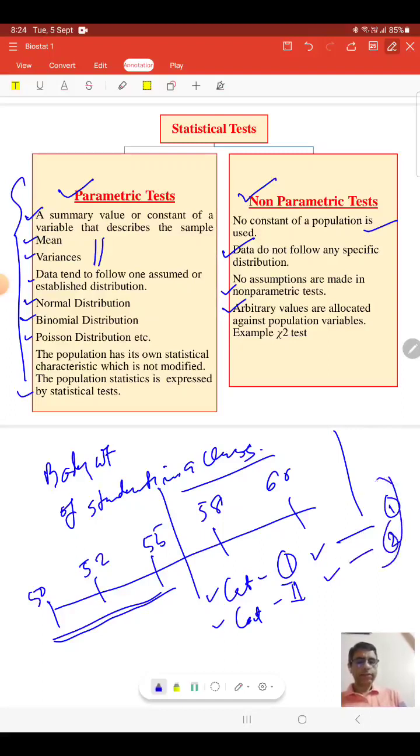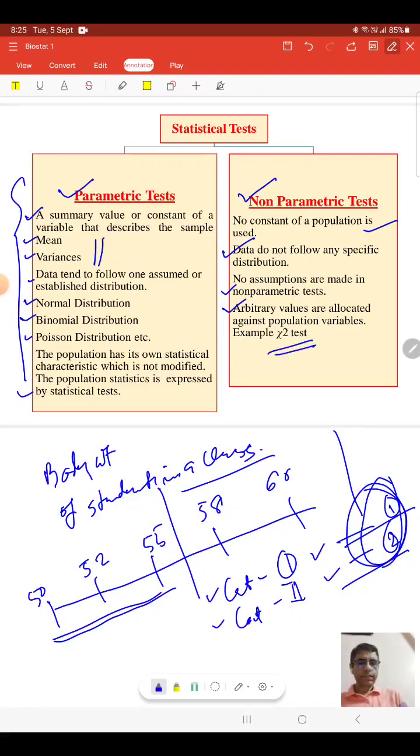That is how we are giving some valuation on the population measures. So we are giving arbitrary values on our own based on the study technique or research question. So that is how we are putting arbitrary values on the population observations, right? One example of such test is chi-square test.